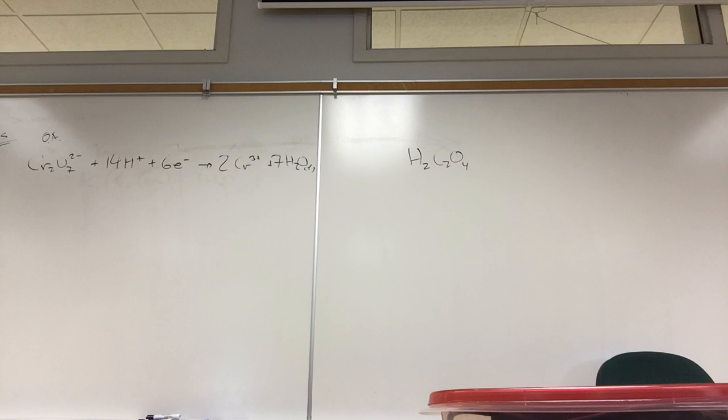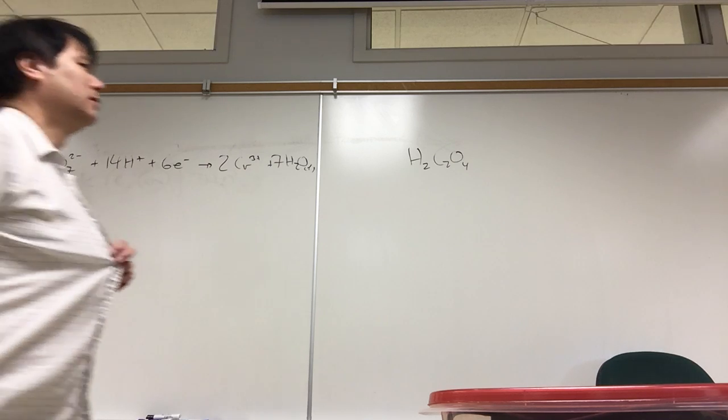You should have covered the alkanes, alkenes, alkynes, the hydrocarbons, and the alcohols, and the carboxylic acids. There you go. Carboxylic acids. That's it. Oxalic acid is an interesting carboxylic acid because it has 2 carboxylic acid functional groups back to back. This is like a dicarboxylic acid.